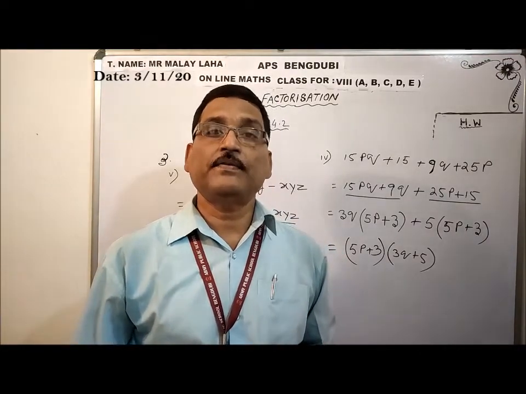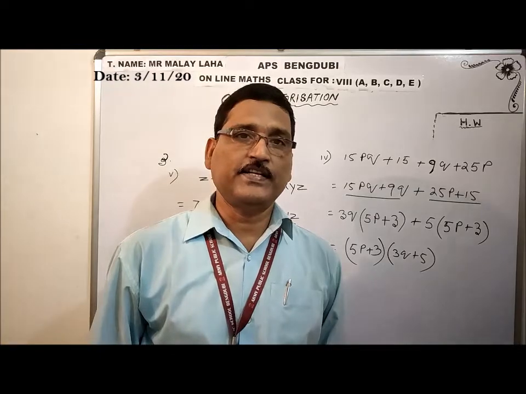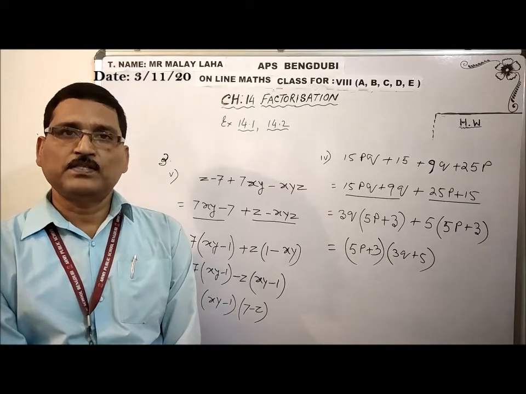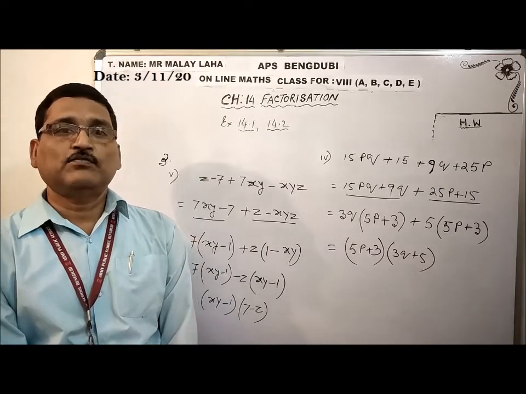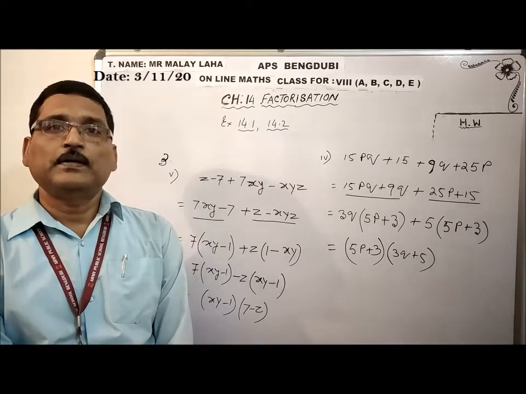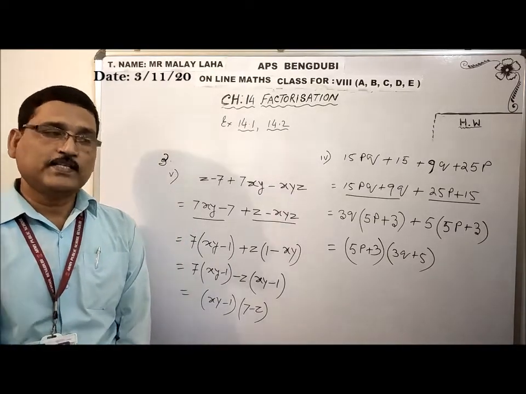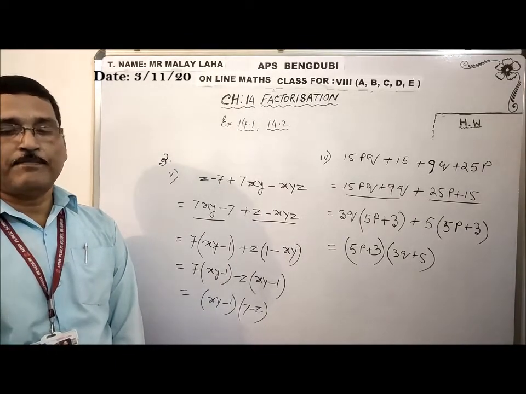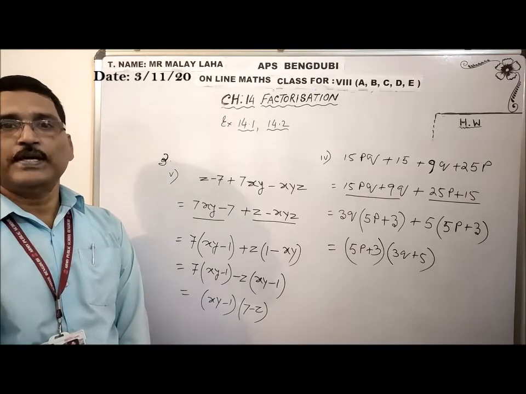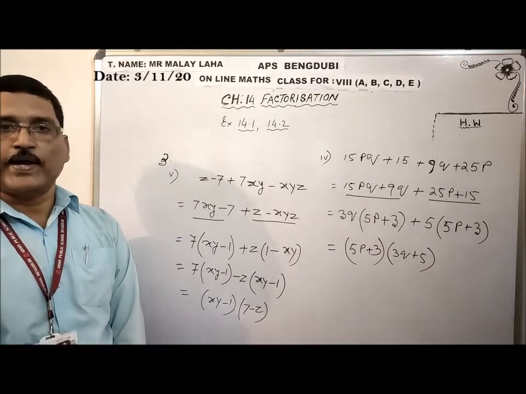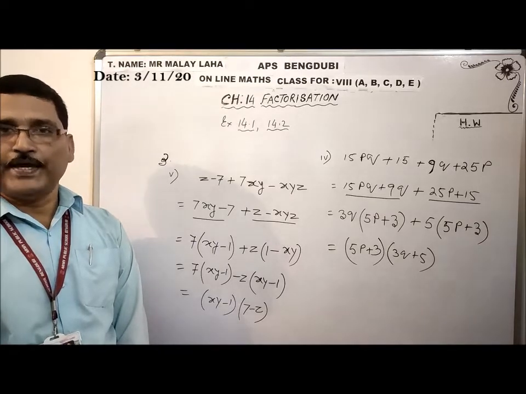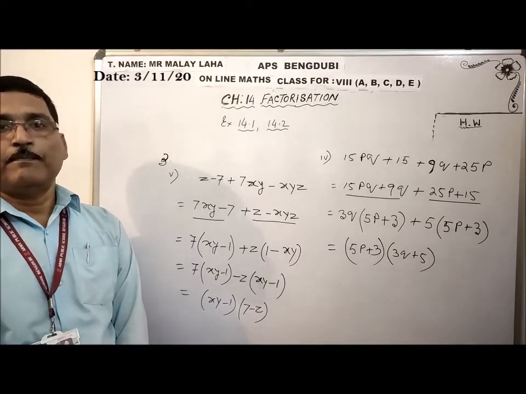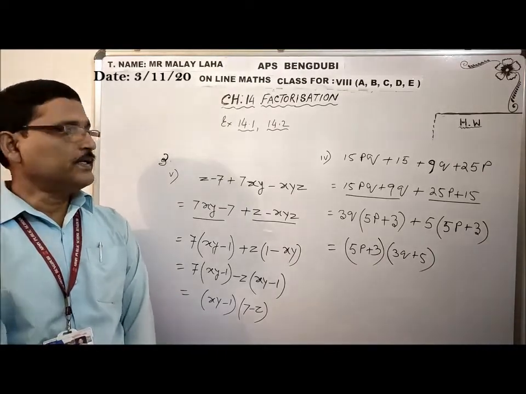How many identities have I given you? 4 standard identities: a plus b whole square equals a square plus twice ab plus b square; a minus b whole square equals a square minus twice ab plus b square; then a square minus b square equals a plus b into a minus b; and the last one is the middle term factorization, that is x plus a into x plus b equals x square plus a plus b into x plus ab. So all 4 identities you have to apply. But how to do that? Okay, let's see the video.